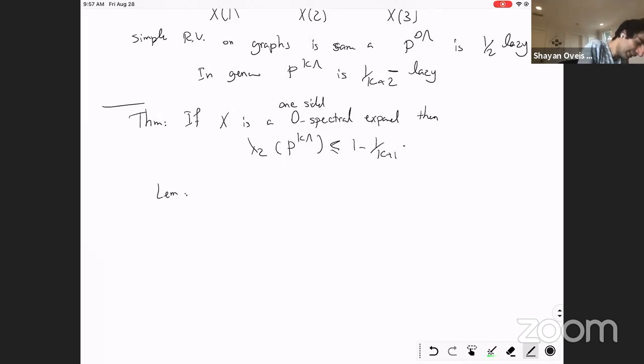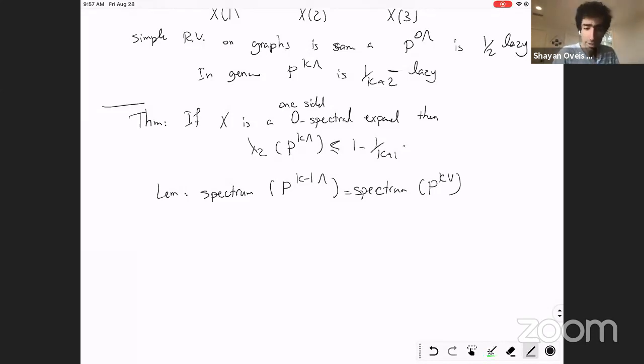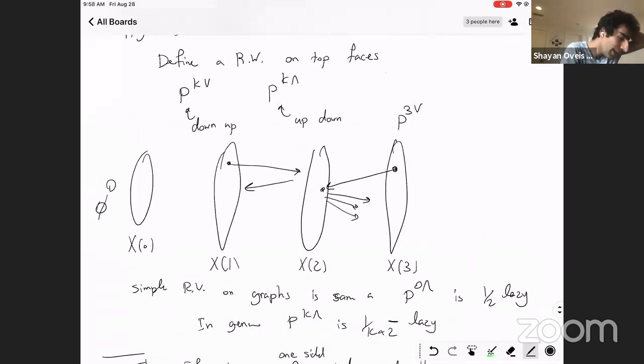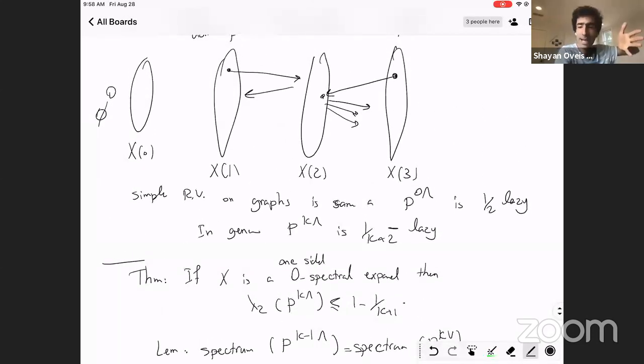So there are two lemmas. The first lemma, which is simpler, says that the spectrum of P_{k-1} up-down is the same as the spectrum of P_k down-up. Okay, so basically the way to see it is that we have this bipartite graph, both P_k down-up and P_{k-1} up-down are oscillating between levels k minus 1 and k.